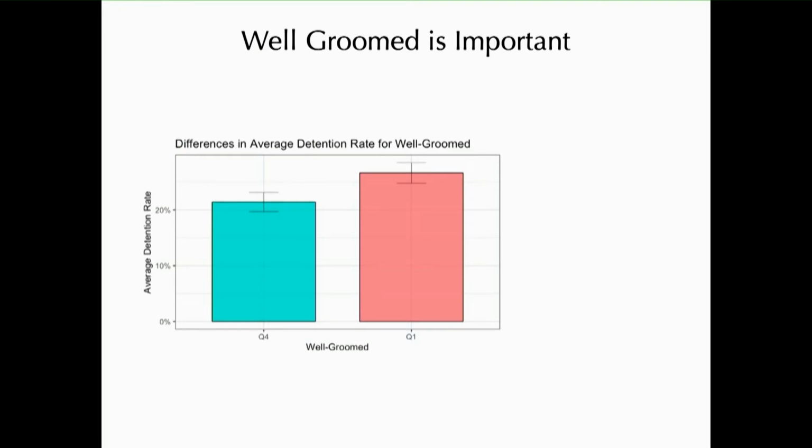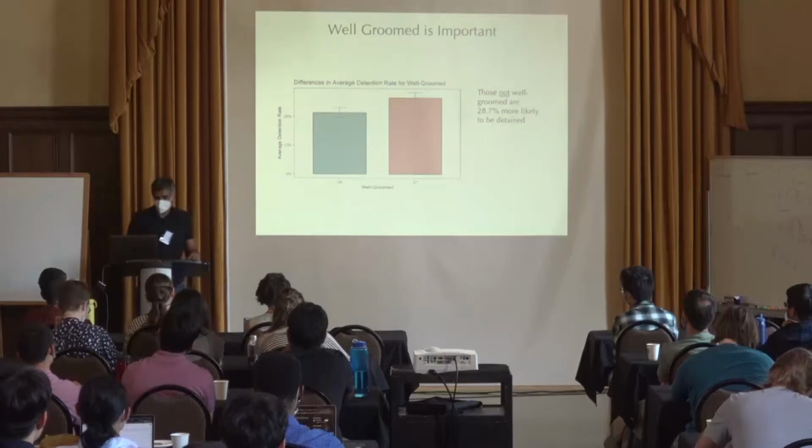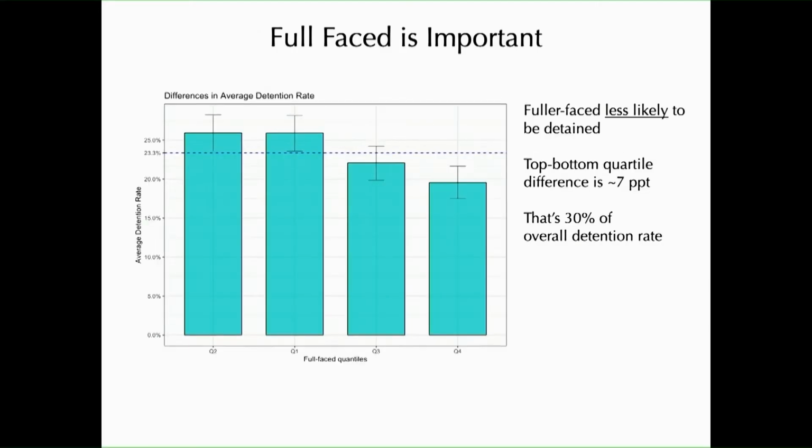And in fact, for well-groomed, the bottom quartile are 28.7% more likely to be detained. That's 1/3 of the entire detention rate, just because somebody had slightly better hair, shoes, whatever.